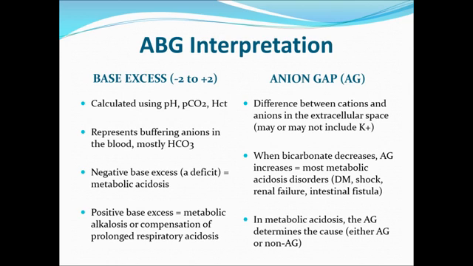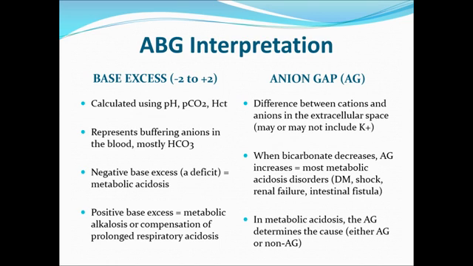So when you're looking at interpretation, there are two additional pieces you want to look at. I'm just going to touch on these. We're not going to hit them a whole lot. You're going to hit this much more in depth in MedSurg 2 and MedSurg 3. But when you're looking at a set of ABGs, there's going to be a calculation or a number that refers to what we call base excess.